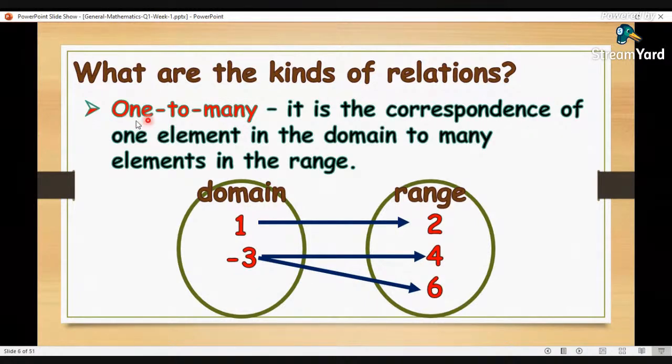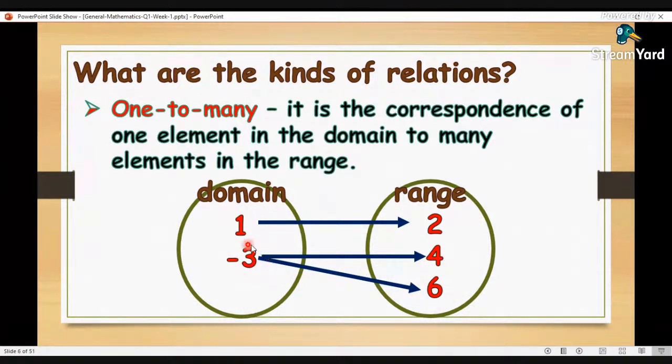Next is the one-to-many relationship. When we say one-to-many, it is the correspondence of one element in the domain to many elements in the range. So, one domain value has many correspondences in the range. As you can see, bisan pa mag one-to-one from 1 to 2, we also have -3 to 4 and also -3 to 6.